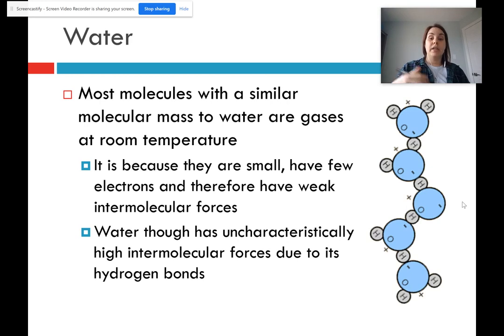But we know water is a special example because there's an opportunity at all three atoms that make up water to engage in a hydrogen bond. So that high amount of hydrogen bonds, and we know hydrogen bonds are very strong, allow for really strong intermolecular attractions, which keep those molecules closer together in the liquid form versus the gas form.